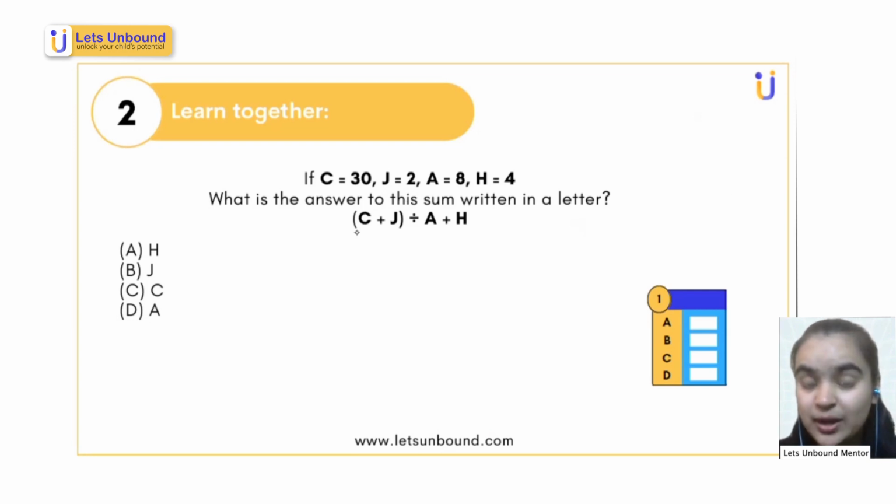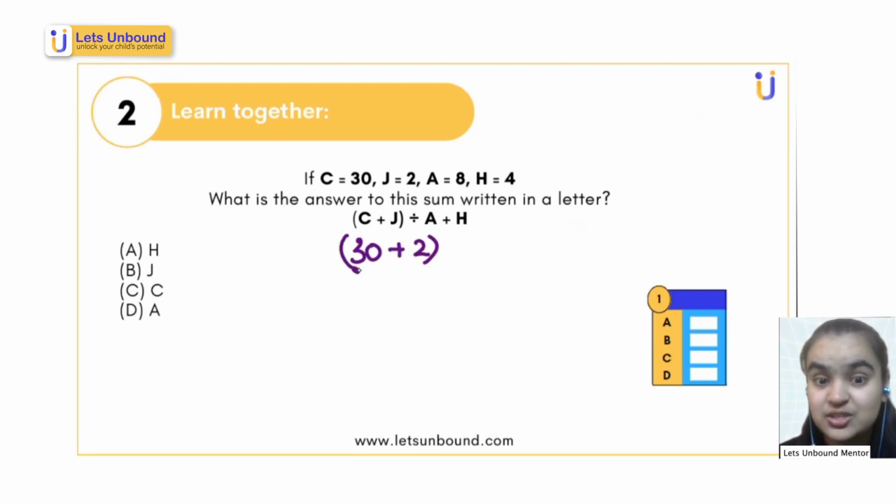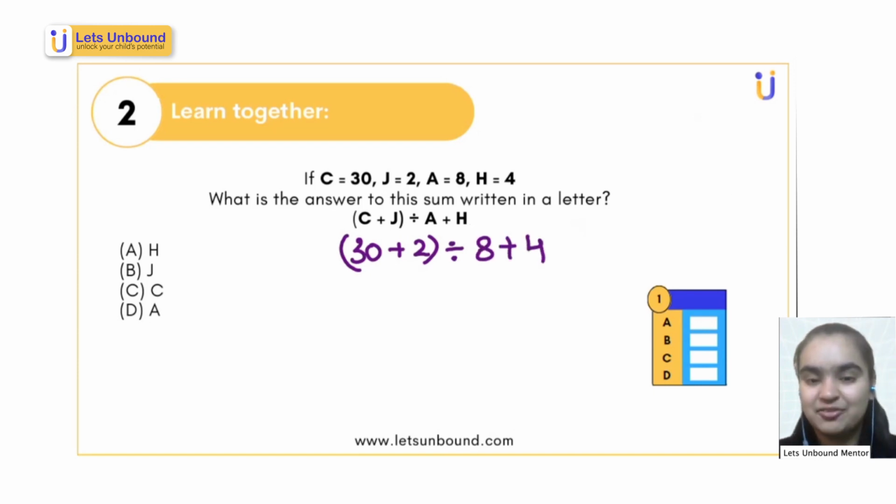So step number 1, replace all the alphabets with numbers. So C is 30, J is 2, operations will remain as they are, no change in operations. So I have replaced all the alphabets with numbers.